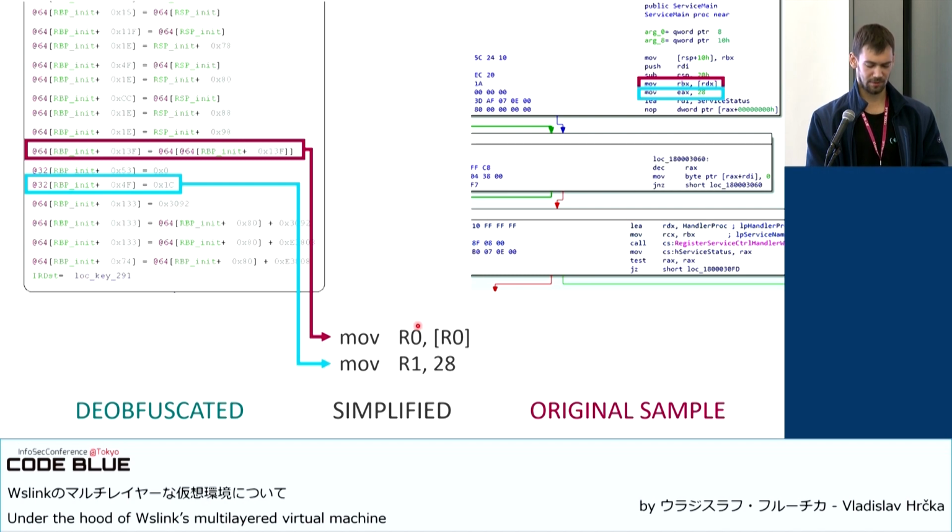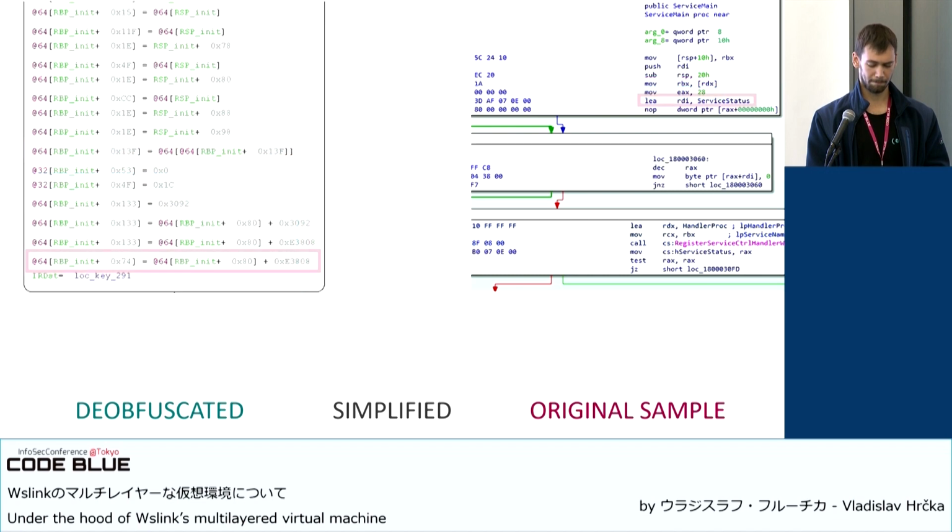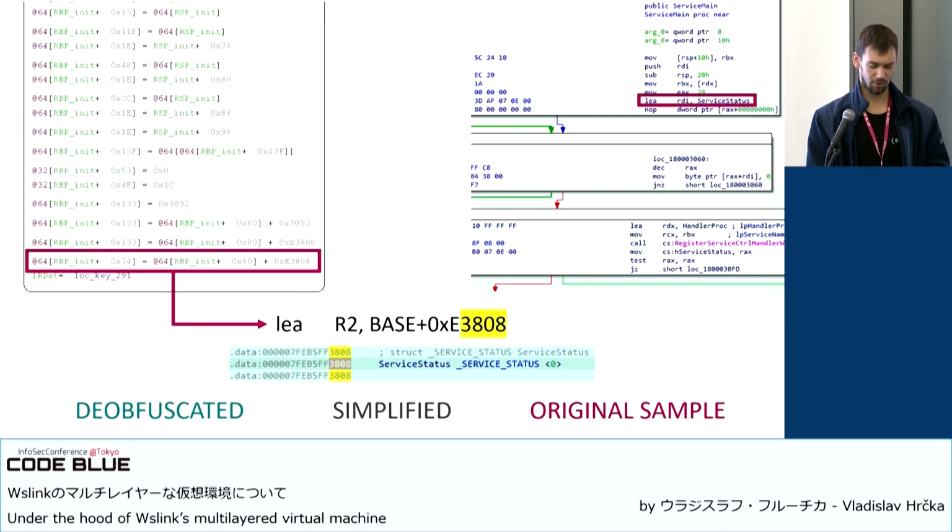And we see that actually there are the same two lines in the beginning, and now if we continue the comparison, we see that it accesses this service status structure, and in the simplified view we see that we load the service status structure into a register, and now we use the base address register that I mentioned. We use it to find the current address of the structure.